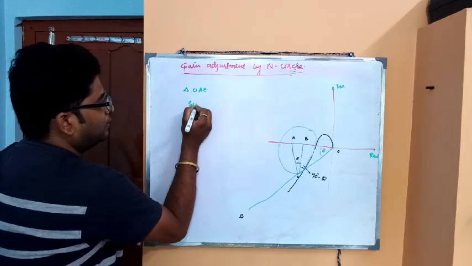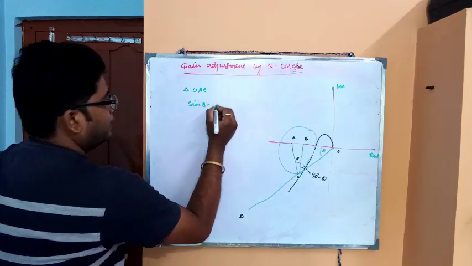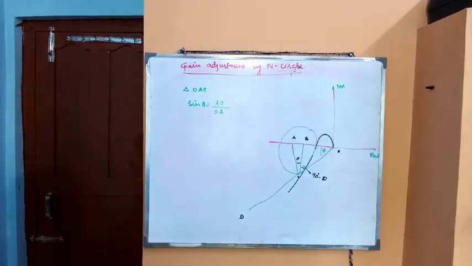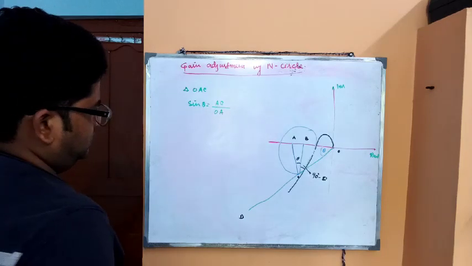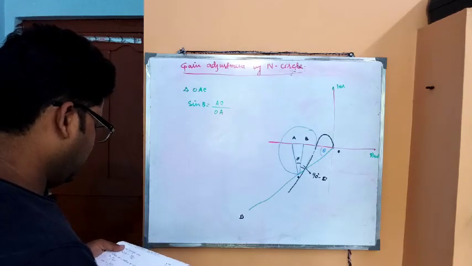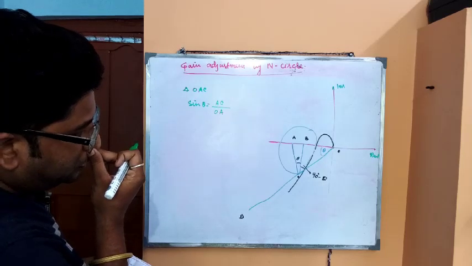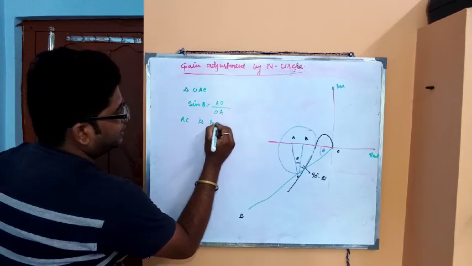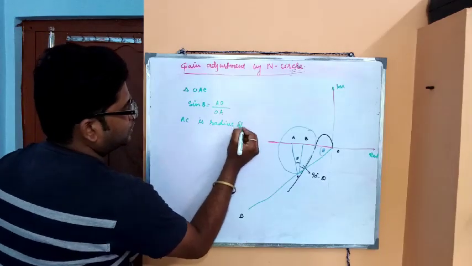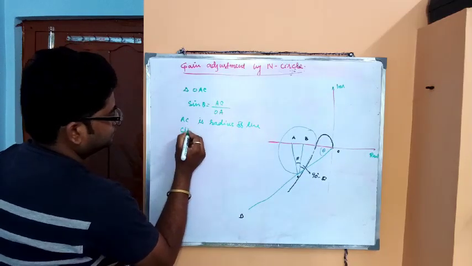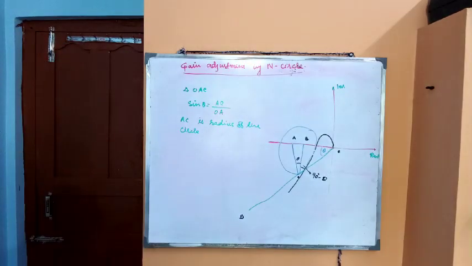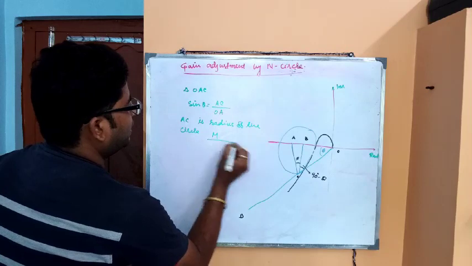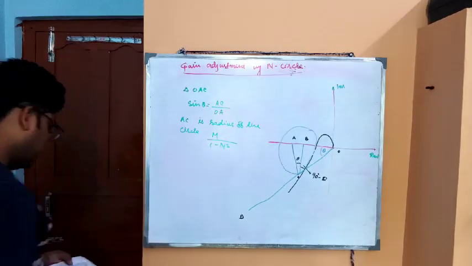So sin of theta is equal to AC by OA. Now AC is the radius of the circle. So the expression of radius we got already, that is M by 1 minus M square in terms of magnitude.